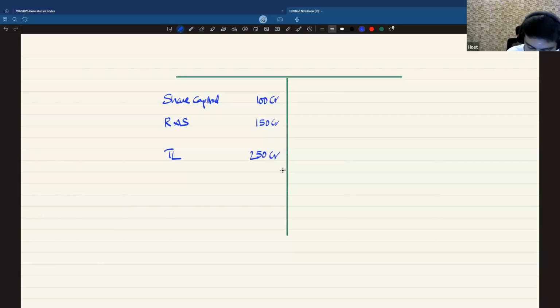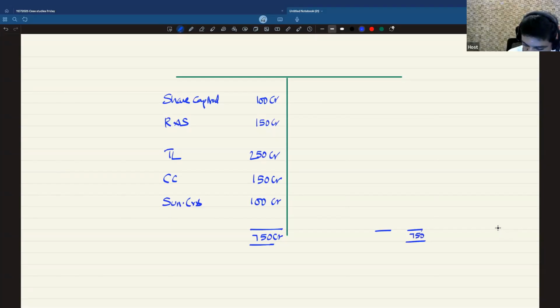They have term loan of 250 crore. They have cash credit of 150 crore. They have sundry creditors of 100 crore. So now the total works out to 750 crore. It means on the asset side also, obviously, they will be having 750 crore only.